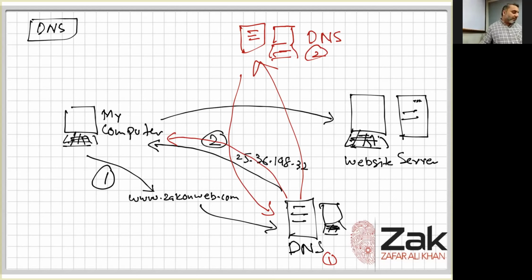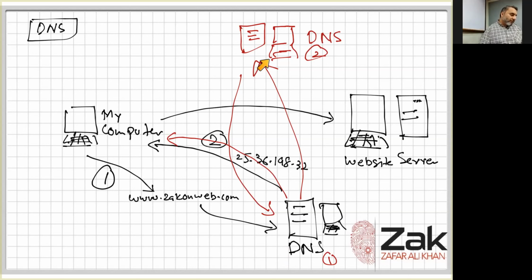Let me formalize it. The user opens the browser and types in the URL. In this case, the URL is zakonweb.com, and the web browser asks DNS server 1 for the IP address of the website. If DNS server 1 can't find it in its own database, it requests DNS server 2 to let it know.